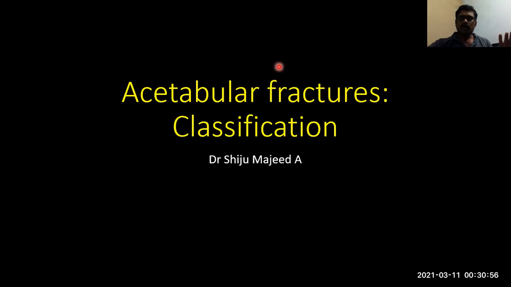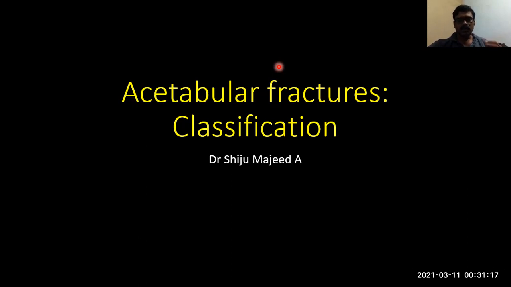So we are given only the AP view, but it is better that we insist for or make an attempt to do the obturator oblique views and the iliac oblique views. Of course, CT scan, with the presently available software for 3D reconstruction, helps in better understanding of the fractures.